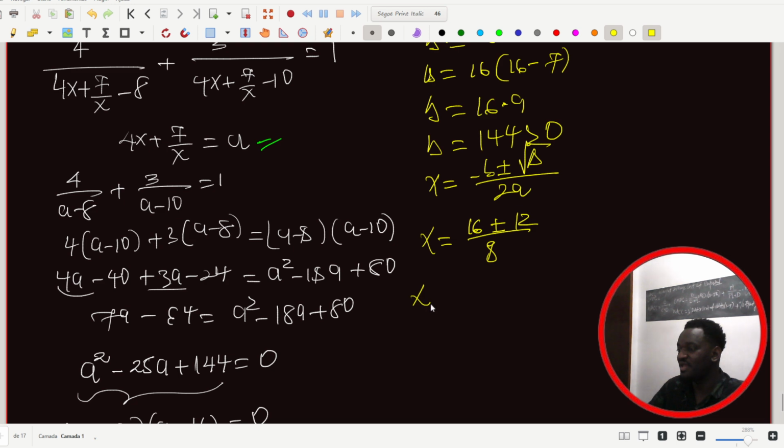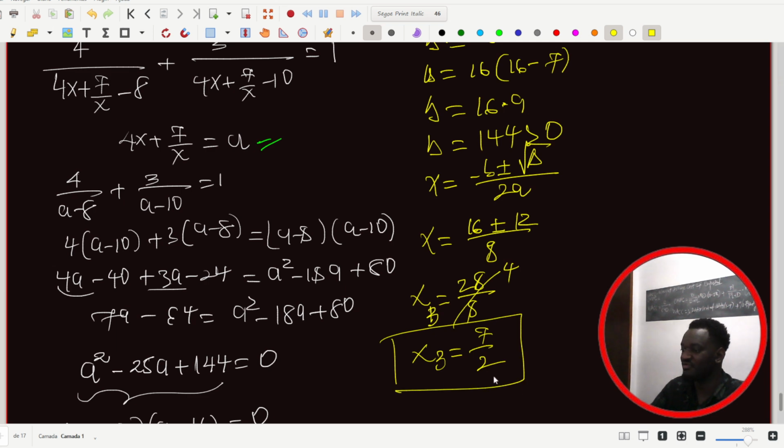So we have our x equals 16 plus 12, we have 28 divided by 8. Simplifying both by 4, it's not our x1 but our x3, right? So our x3 is going to be equal to 7 divided by 2, which is 3.5.